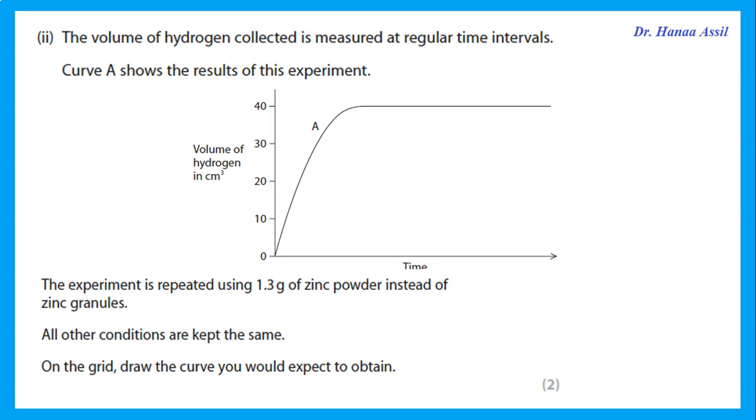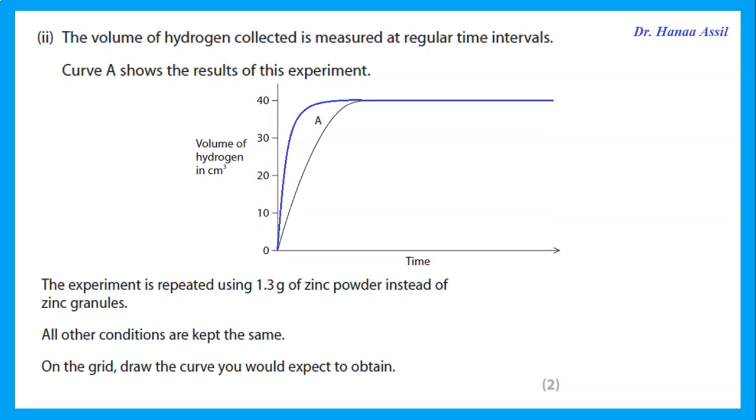You should remember that powder has larger surface area, so that is a faster reaction, and that means the curve for the new experiment would be steeper. But because we did not change the amount of reactants, we will have the same final volume of gas. So that is the new graph for the zinc powder.